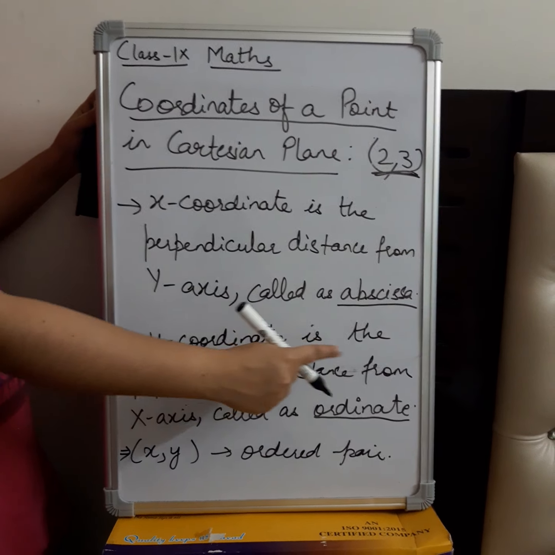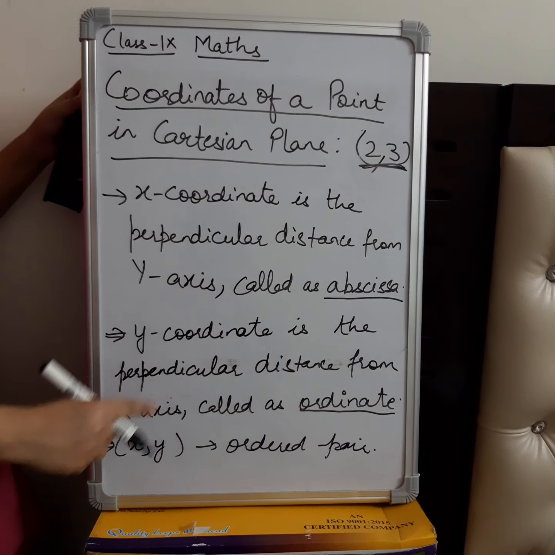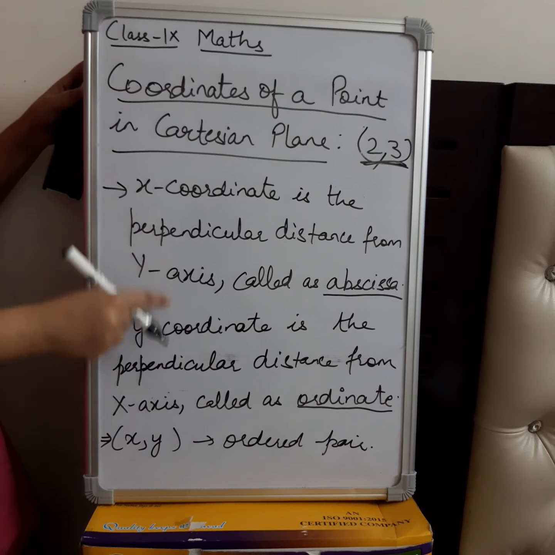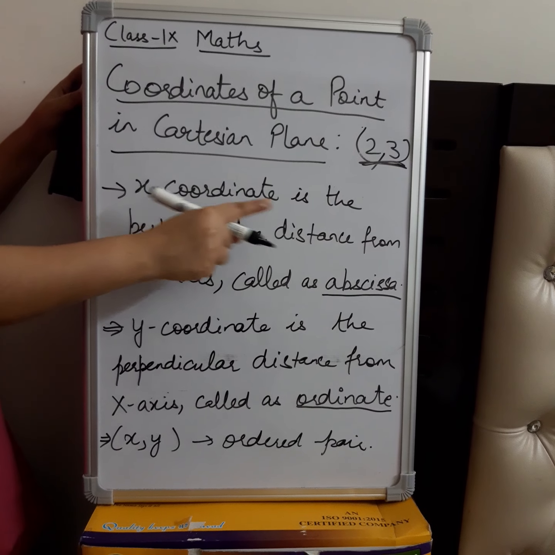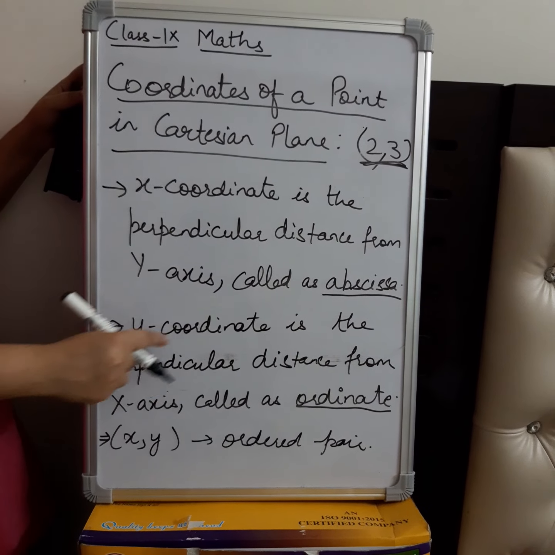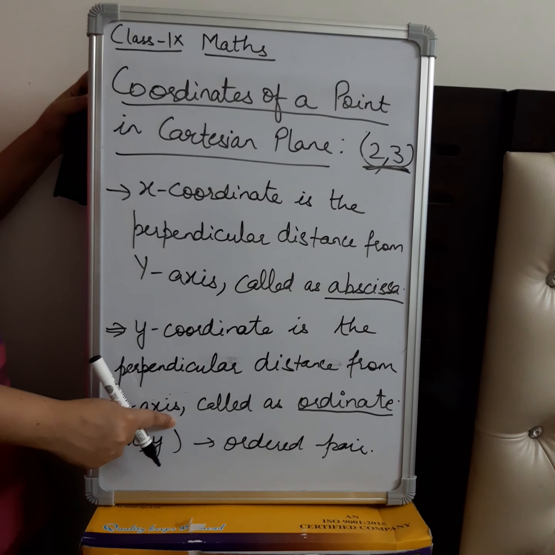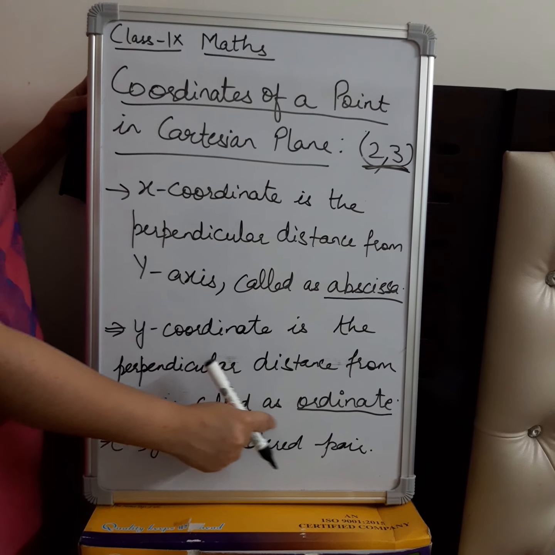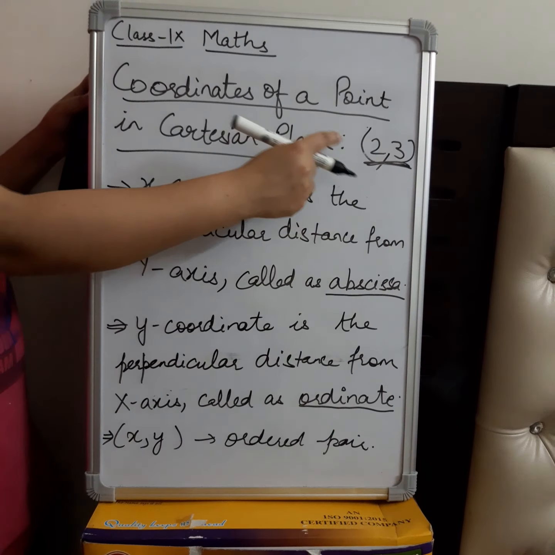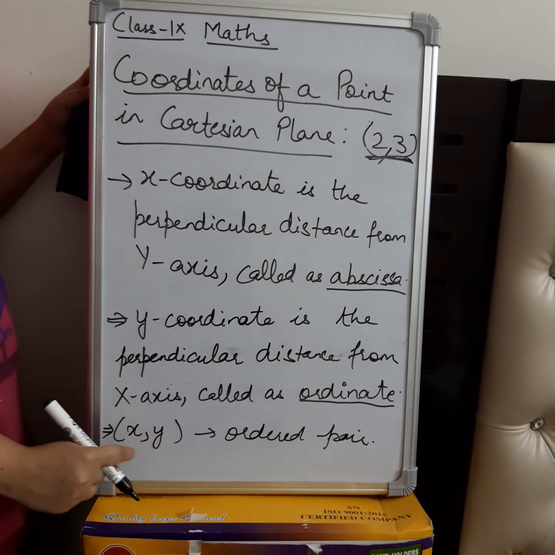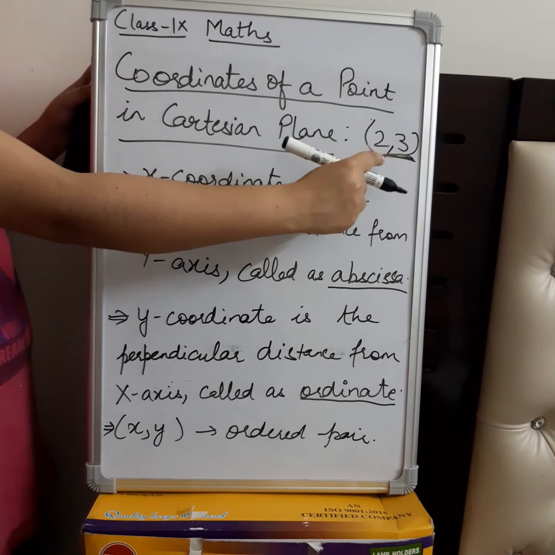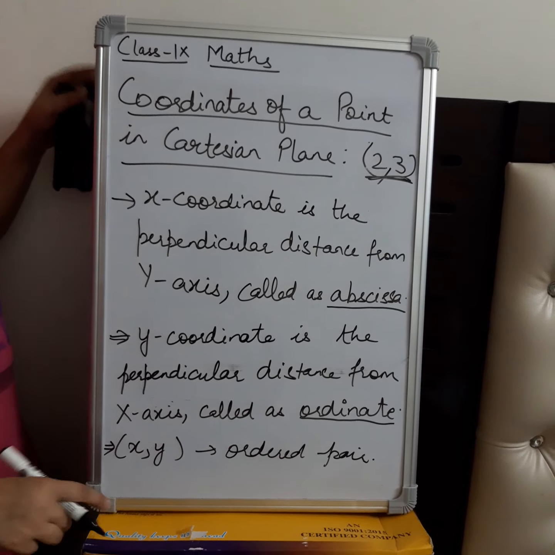The y coordinate is the perpendicular distance from the x-axis. You can see the axes are opposite. The x coordinate is the distance from the y-axis and the y coordinate is the distance from the x-axis. And this coordinate is called the ordinate. So when we write both together, x, y like (2, 3), this is called an ordered pair.